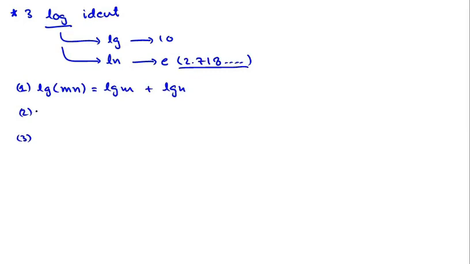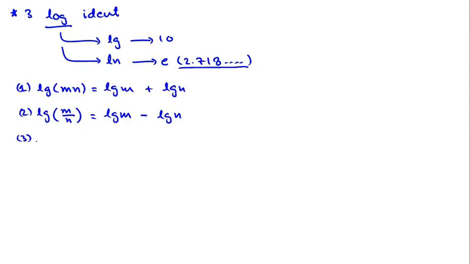The second logarithmic identity or property, which is also known as the quotient rule of logarithm, says that log of a quotient m over n can be written as log of m minus log of n. That is, log of a quotient can be simplified as log of numerator minus log of denominator, right?